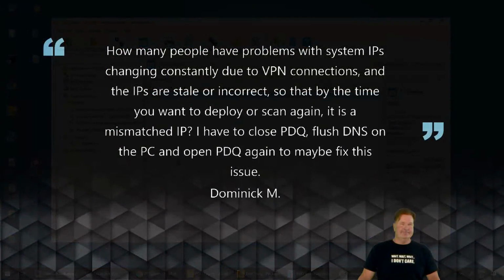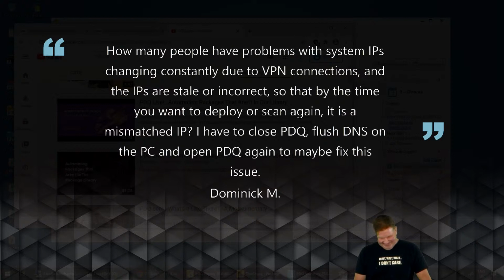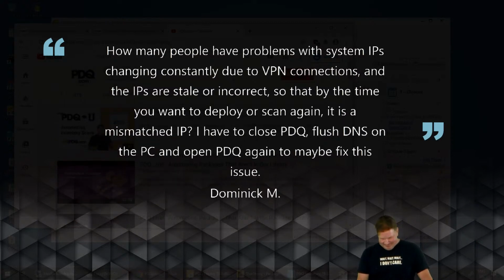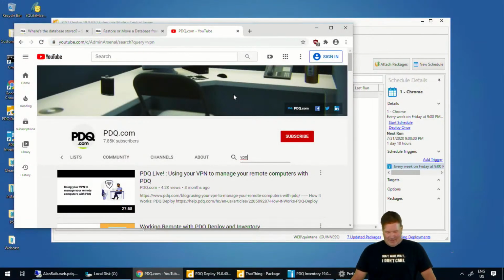How many people have problems with system IPs changing constantly due to VPN connections, and the IPs are stale or incorrect, so that by the time you want to deploy or scan again, it is a mismatched IP? I have to close PDQ, flush DNS on the PC, and open PDQ again to maybe fix this issue. Any ideas, guys? Dominic M. I think this is a very, very common occurrence.